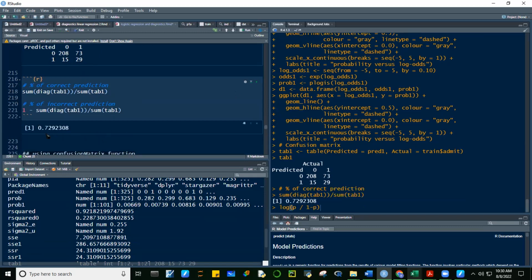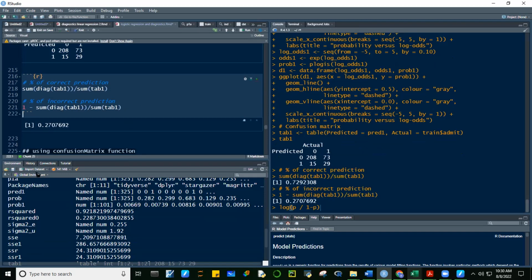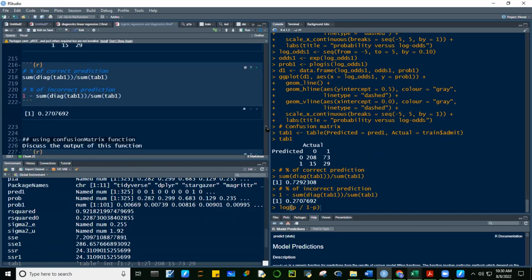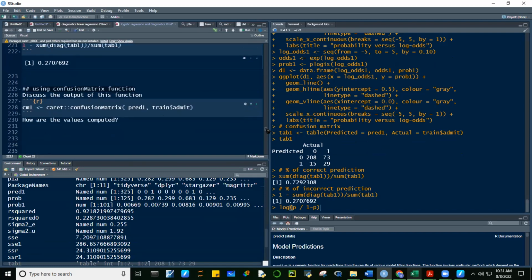Okay, so 73% yung tama na predictions. So 208 plus 29 divided by the total of your table 1. Therefore, ang incorrect natin, guys, that should only be 1 minus 73%, or we can also use this 1 minus that ratio. So 27%. 27% yung wrong prediction natin.